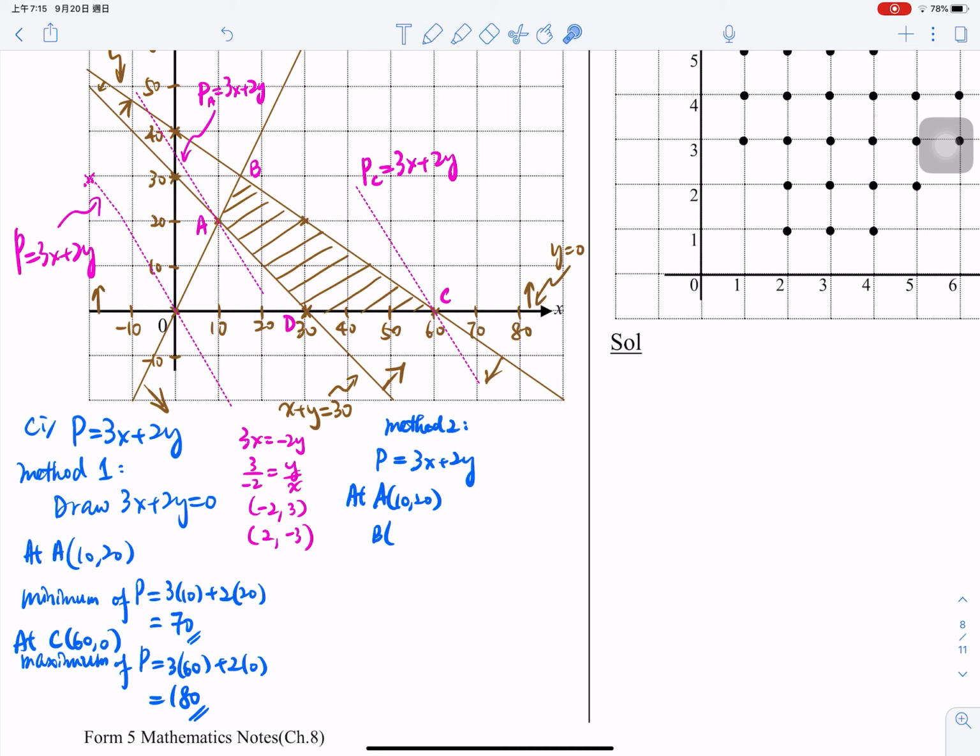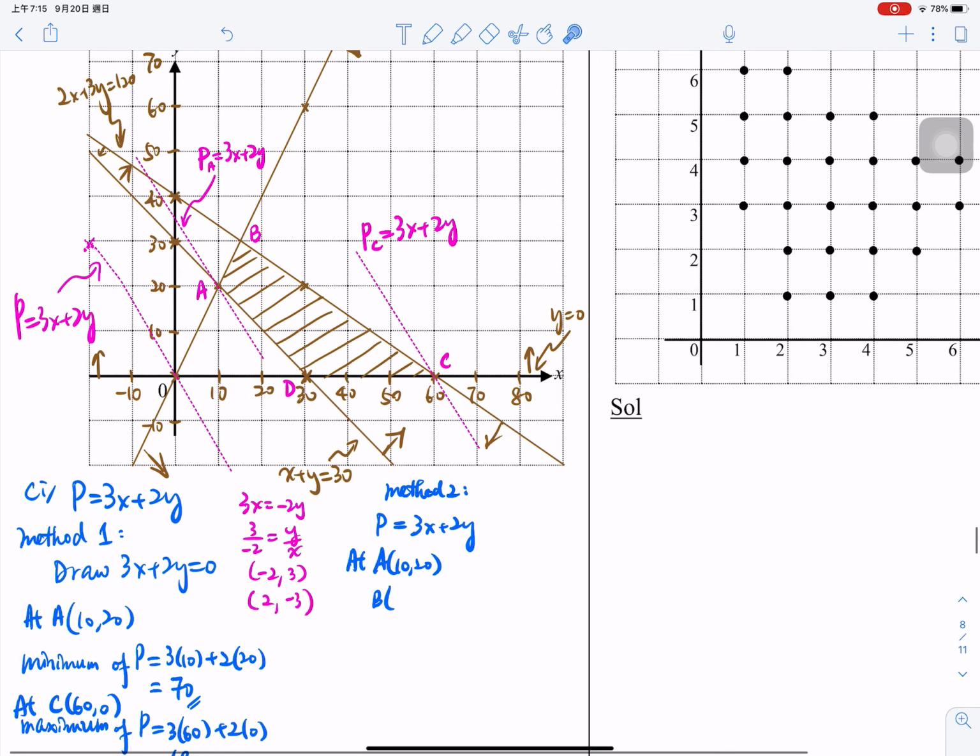You need to find the intersecting point of these two straight lines: 2x plus 3y equals 20 and y equals 2x. You need to solve these two equations if you're not really clear about the point. Actually, this one is 15, 30.